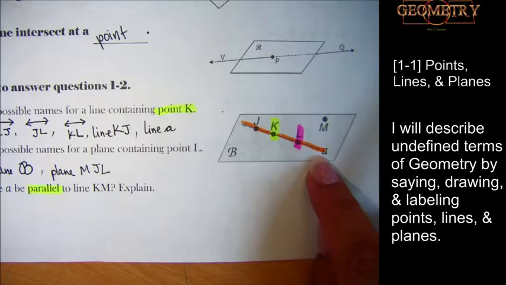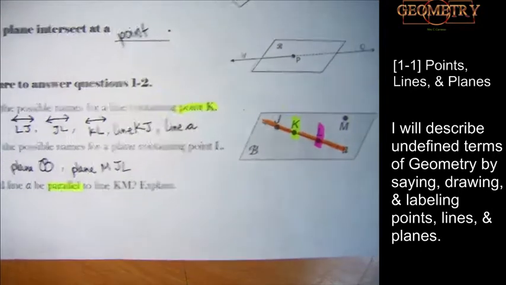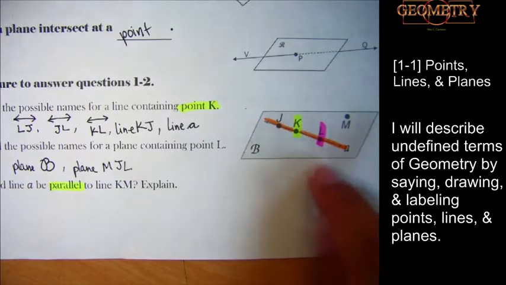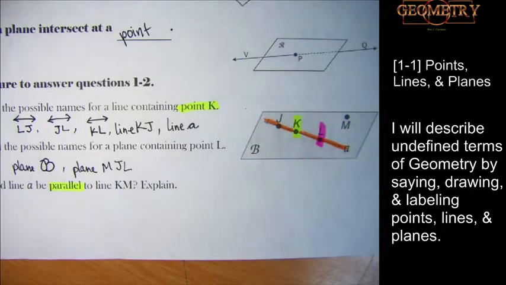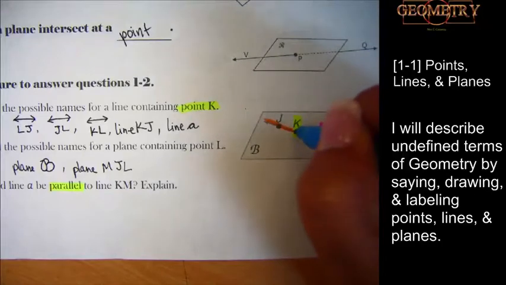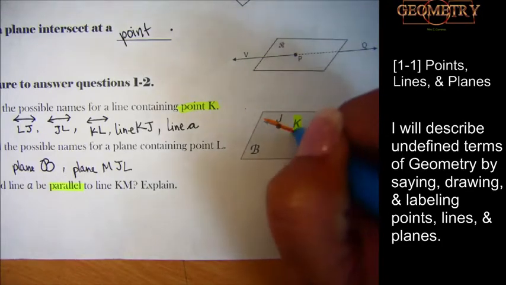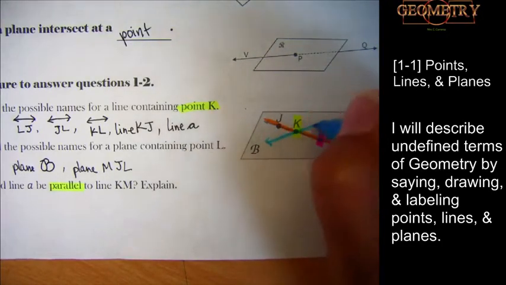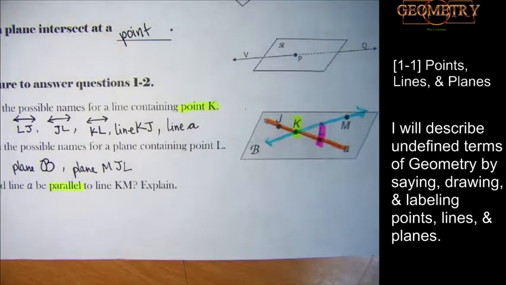Because they'd intersect. Where? At K. Yes. So I'm going to take my pen here, and I'm going to draw a line that connects K to M. There it is. And I can very clearly, easily see it's going to intersect.